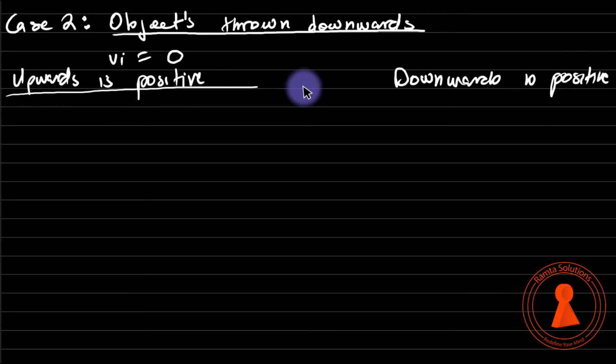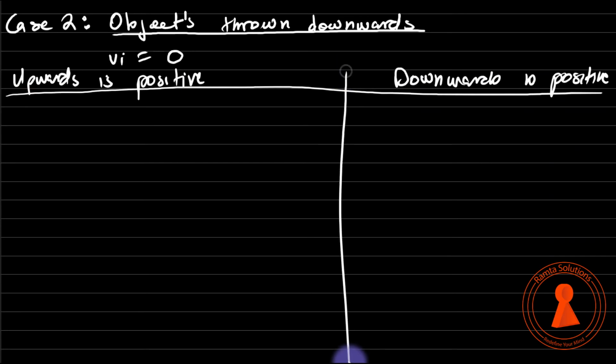So here, when upwards motion is positive, because the object is going downwards, initial velocity must be negative, because downwards is opposite of upwards. In the same way, acceleration is still negative 9,8 because it's going downwards.